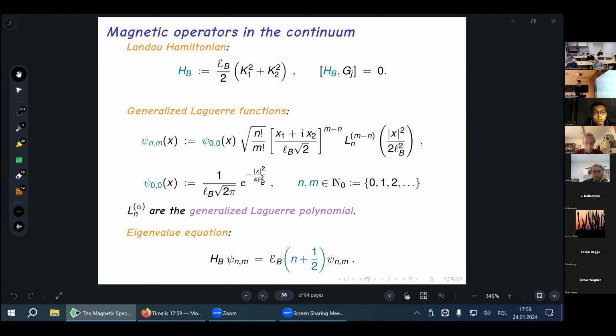Any Landau level indexed by n has an infinite degeneracy because of this m, and this is the effect of this symmetry. I have to take care of this degeneracy in some way, and I will do this by reconstructing the full harmonic symmetry.